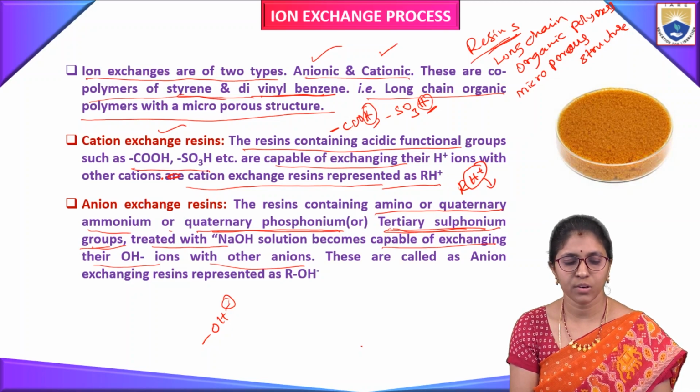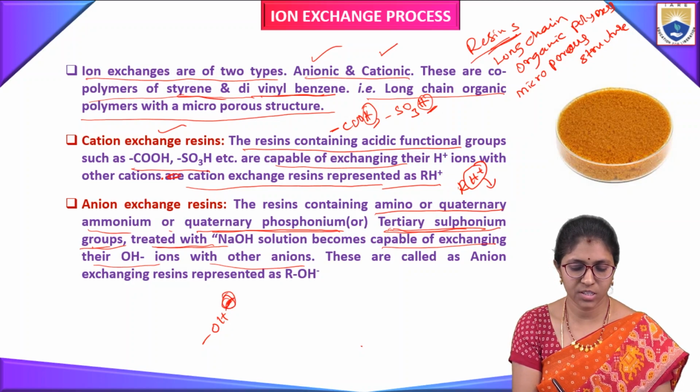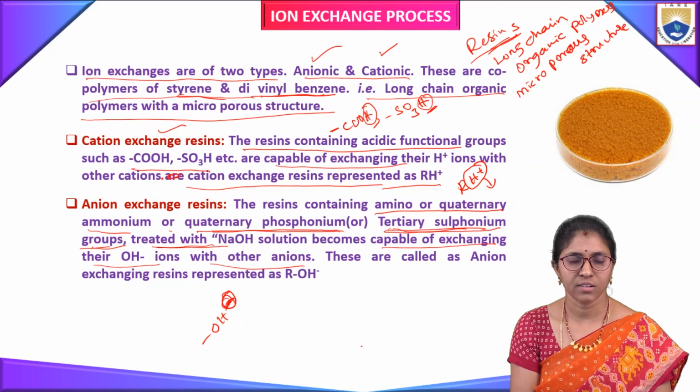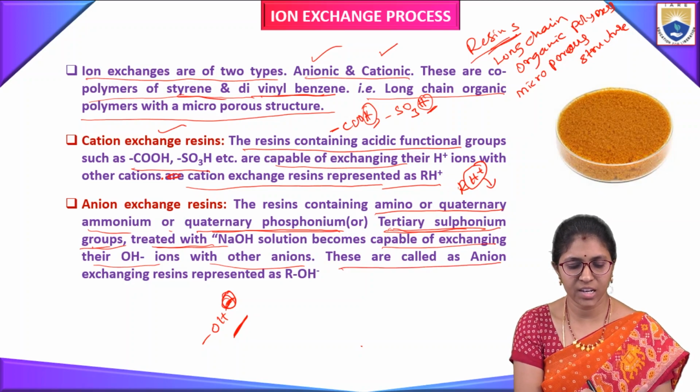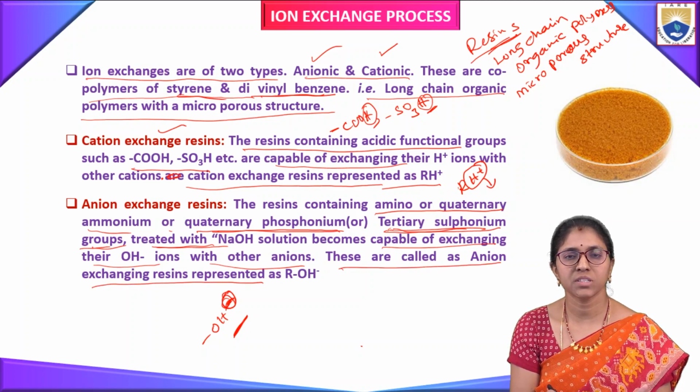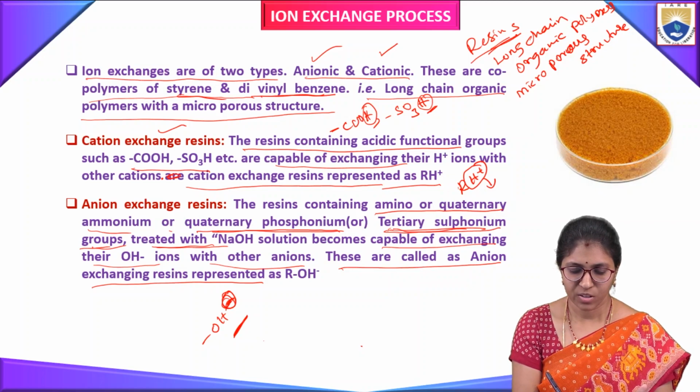The amino, quaternary ammonium, quaternary phosphonium, or tertiary sulfonium groups, when treated with NaOH solution, become OH- ions, so they can exchange the OH- with other anions. These are called anion exchange resins and are represented by ROH-.